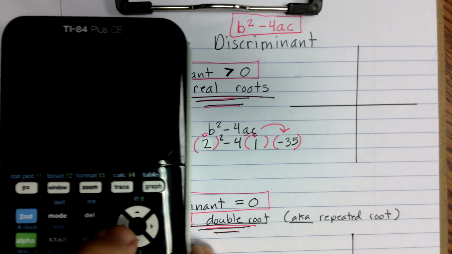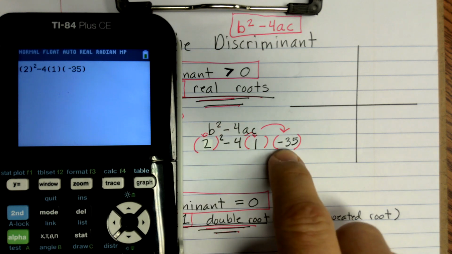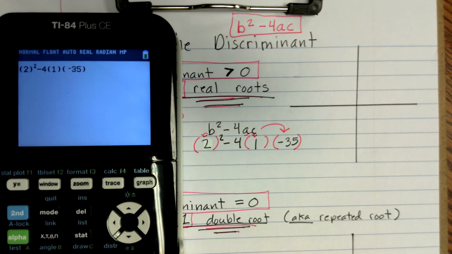So I'm going to move this over just a little bit, open up my calculator, and put a parenthesis, put my value of 2 for b in, and then square it, minus 4 times my a value of 1 in parentheses, and my c value of negative 35. So notice it looks just as I wrote it right here. I'm going to hit enter.